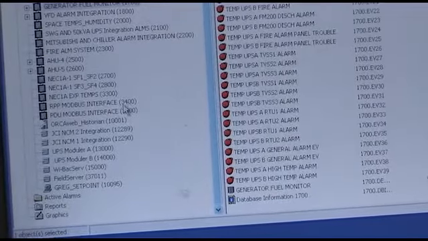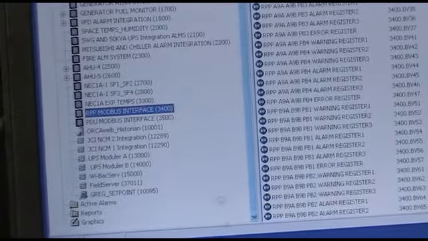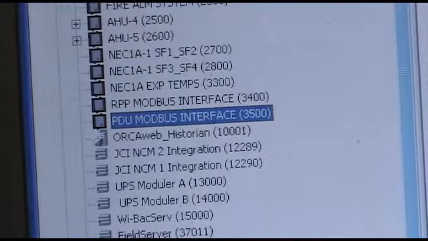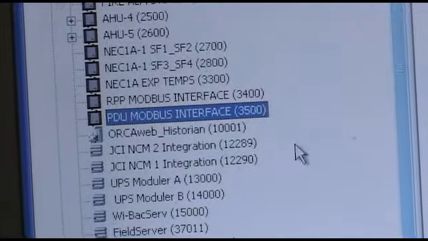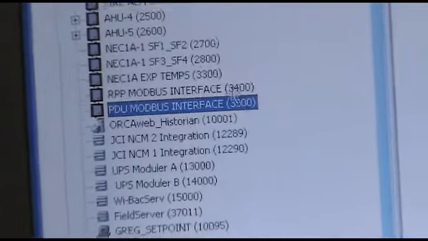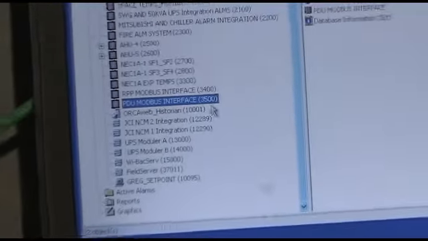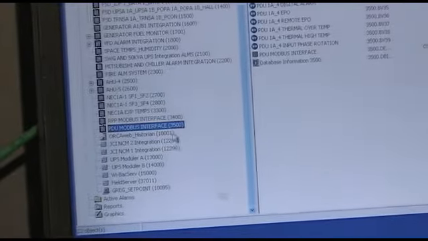Also, while you're logged in, you can see the RPP Modbus interface panel where we're monitoring summary alarms off of both the RPP and the PDUs. And those panels are 3400 for the RPP Modbus interface and 3500 for the PDU Modbus interface.